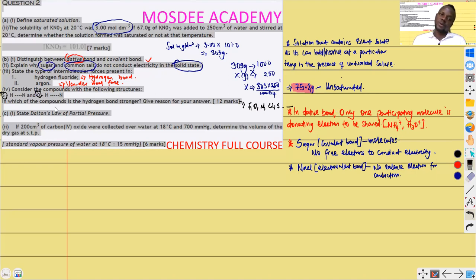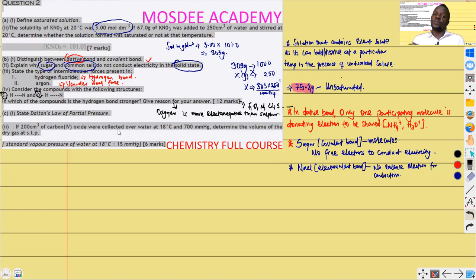The answer is that the second structure has the stronger hydrogen bond because both of them are combined with hydrogen, and the reason is just because oxygen is more electronegative than sulfur.